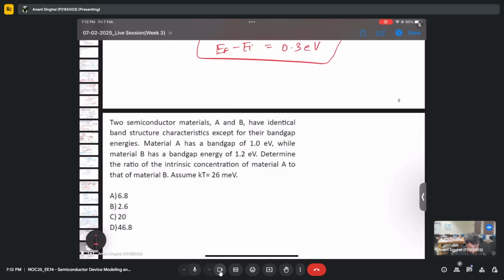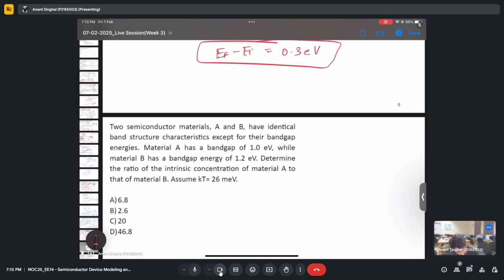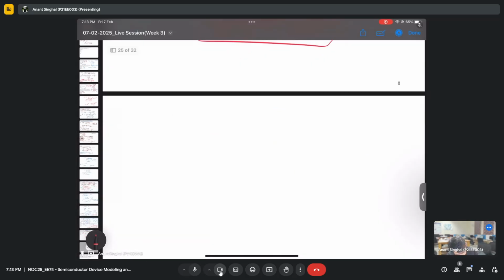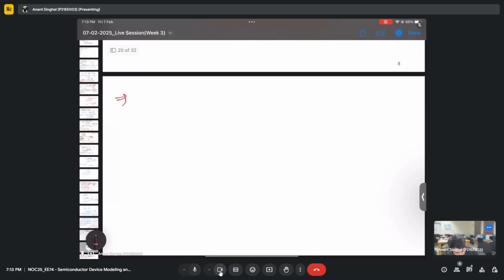Determine the ratio of intensity. Okay, I need to explain one thing before solving this problem. So now what you see is n is ni exponential of EF minus EI over KT, right?